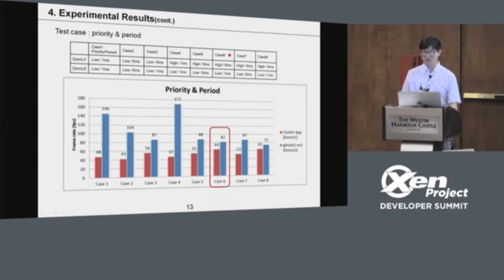Like case 6, the cluster app meets 60 FPS real-time rendering, and the performance of DOM-2 is higher than the others. In case 9, if I increase the period up to 9 milliseconds, it can guarantee real-time rendering for the cluster application, but the performance of DOM-2 decreased.